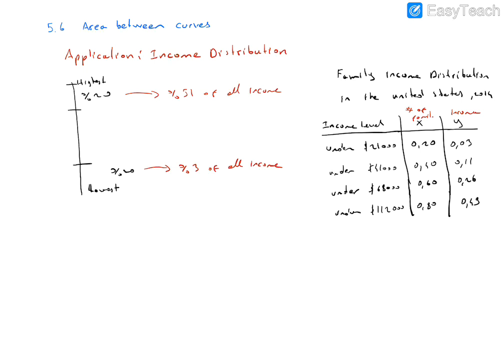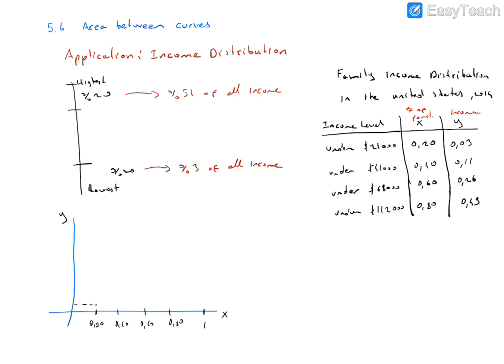So this data can be sketched as a graph by using point-by-point graphing. So let's say this point is 1. This is the x-axis. This is the y-axis. So when this is 0.2, 0.4, 0.60, 0.8. Okay. So at that level, this is 0.03.